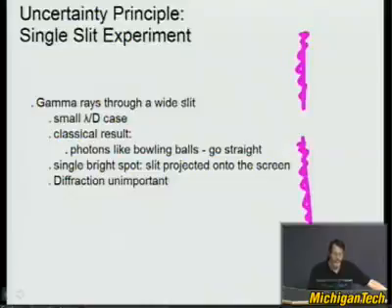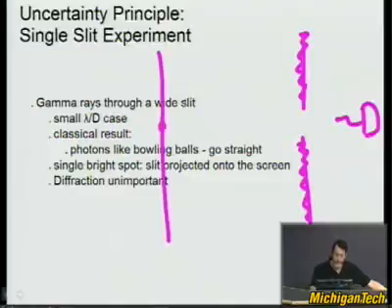So when lambda over d is small, you might consider that the photons are like gamma rays and they're like bowling balls. They just go straight through. It's the closest thing to classical mechanics. So diffraction at that point is unimportant. If you have a flashlight here and you have a screen here, you'll just get a spot on the screen, just like you would if you pointed a flashlight at the wall.